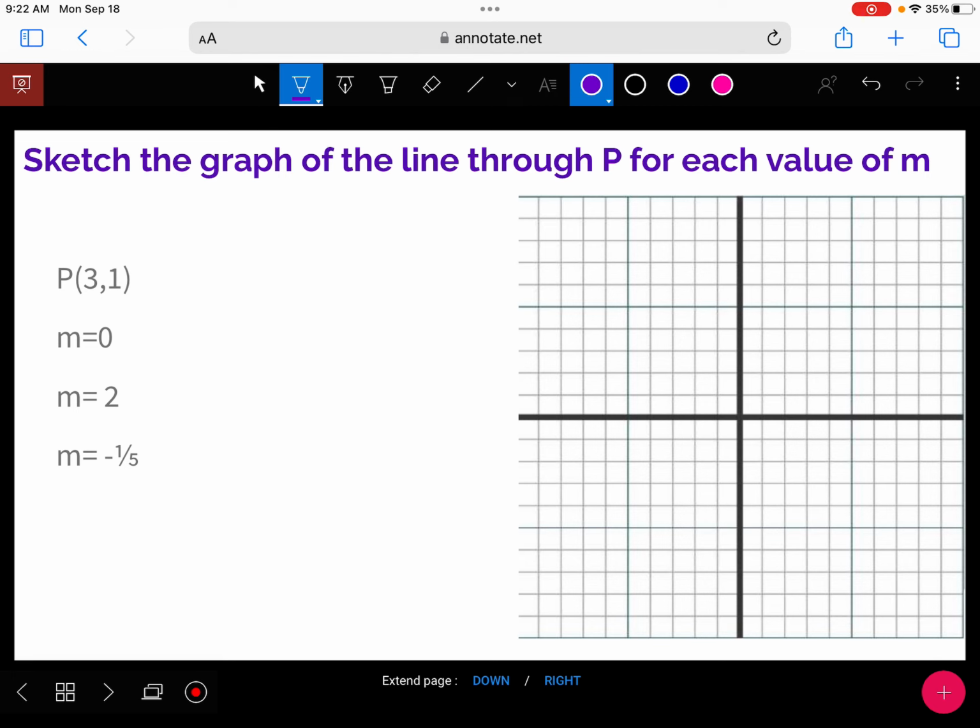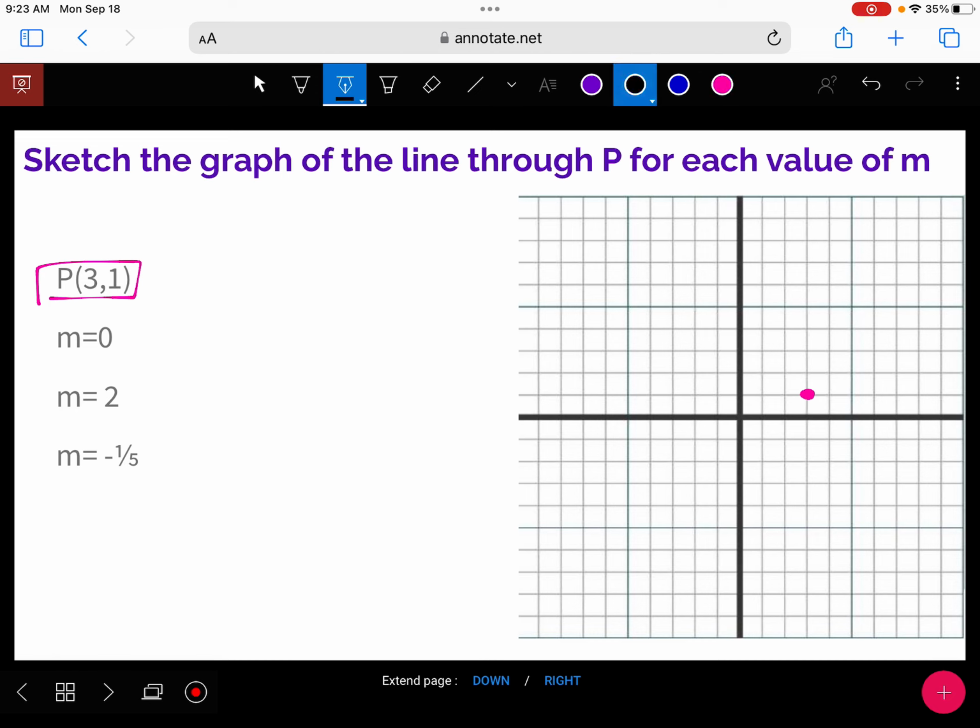So this time we're given a point. So we're not going to be starting with a y-intercept of 0. We're going to be starting at the point (3, 1), which is this point right here. And we could use that point slope form to write equations for these.